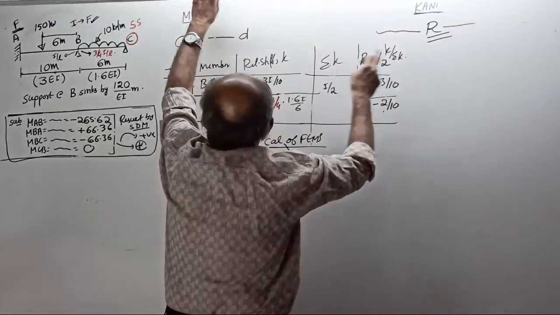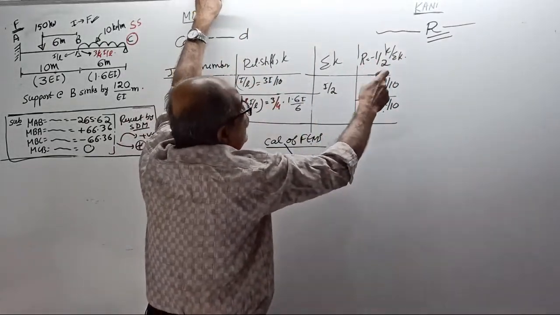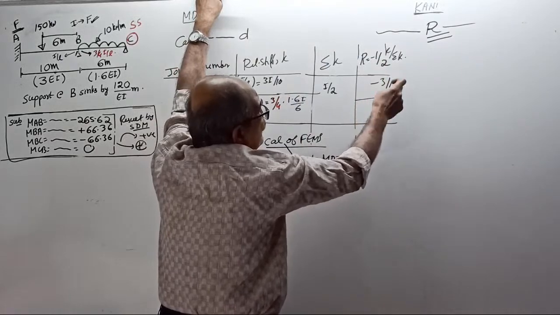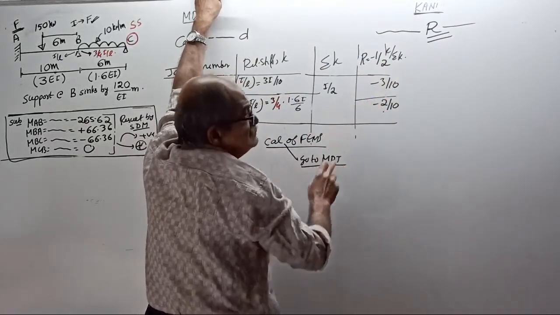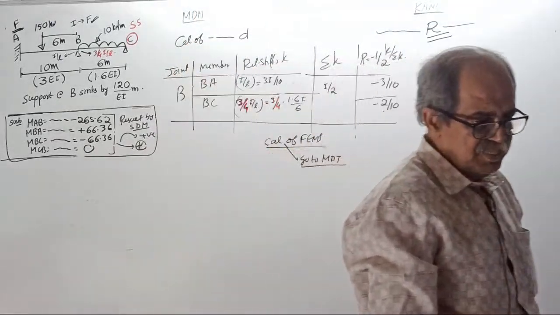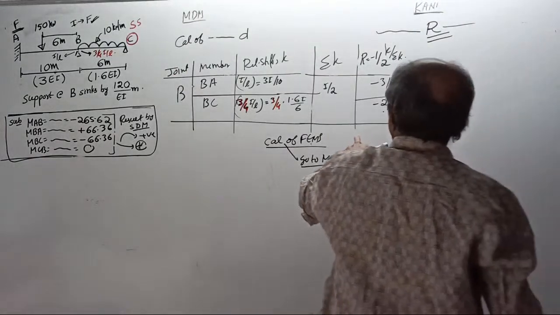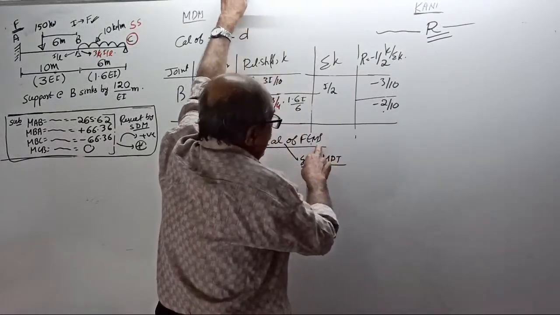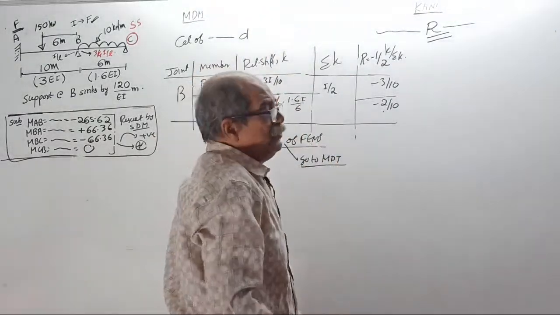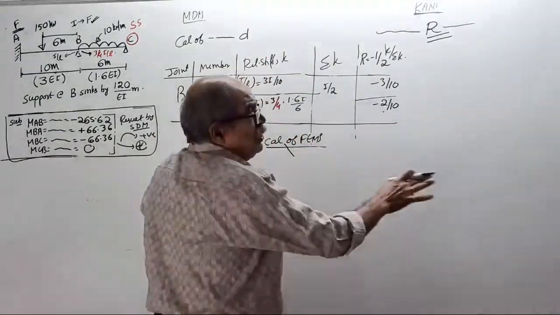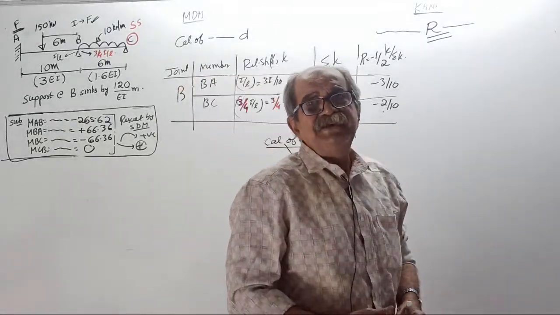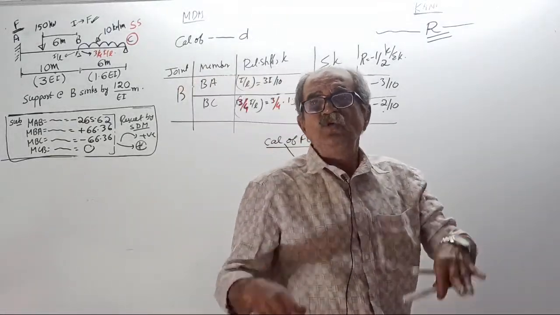When you go to Kani's method, same thing you write: 1 minus half extra, minus 3 by 10, minus 2 by 10. Clear? Okay. Now, in Kani's method, calculate FPMs, then go to calculation of rotation contribution and go to final moment.